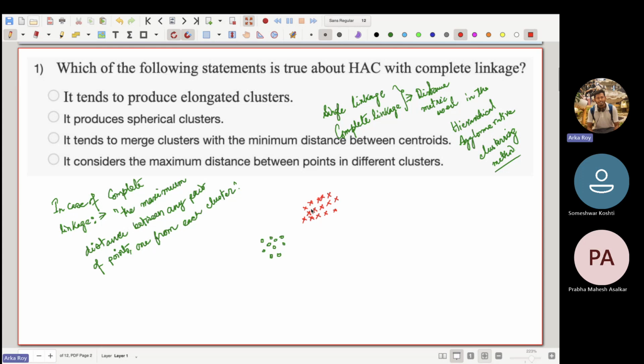Complete linkage basically means that, let's say over here you have j number of points, and in this group you have i number of points.